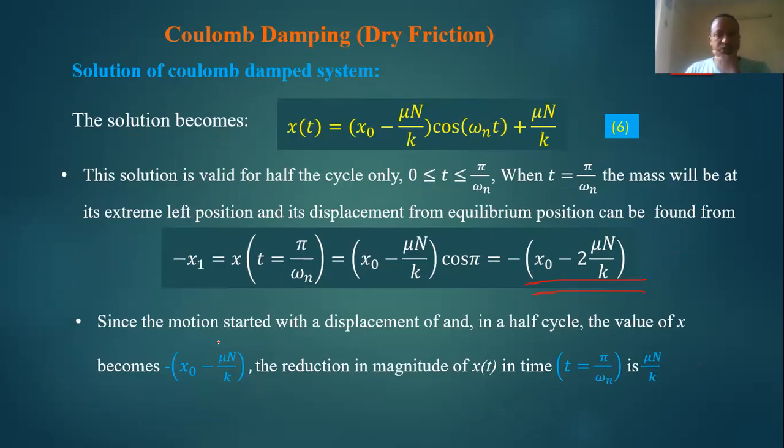Now, since the motion starts with displacement x naught, in half cycle the value of x becomes minus x naught minus mu N over k. The reduction in magnitude of x of t at t equal to pi over omega n is mu N over k.